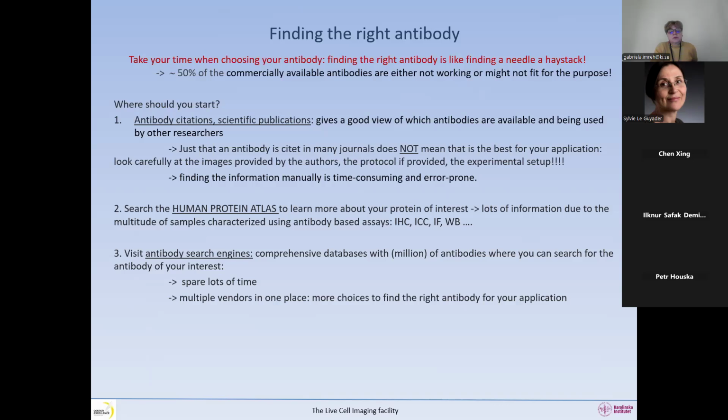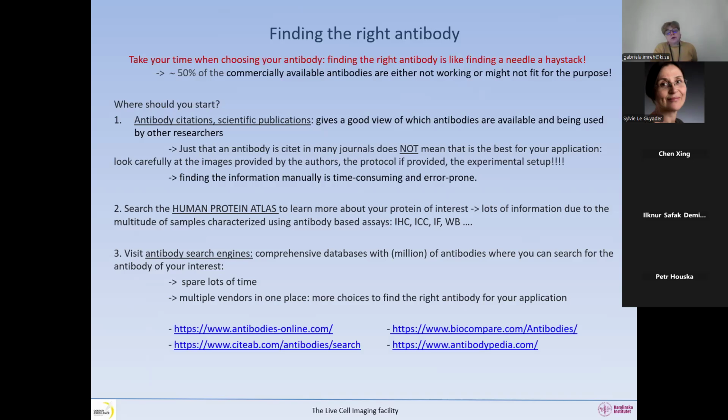Here I only show a few of these search engines, for example Antibody Registry, BioCompare, and Antibodypedia, and probably many of you are already using them.